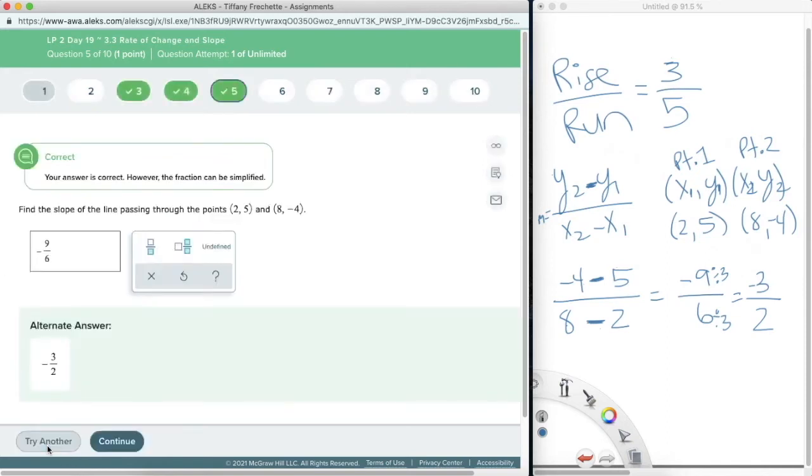However, the fraction can be simplified. So it actually even gave me the point for it already. In some situations, it's going to say that's not reduced. Make sure you reduce it before it'll even give you a point for it. So it just kind of depends on where you are within the system here on how much it's expecting you and how far it's expecting you to go. It didn't say completely simplified, so that's probably why it's not marking us wrong on it.